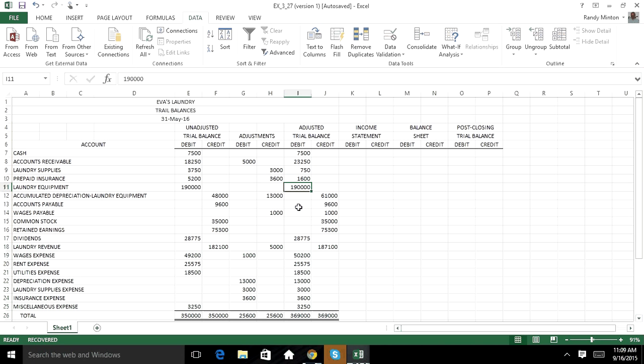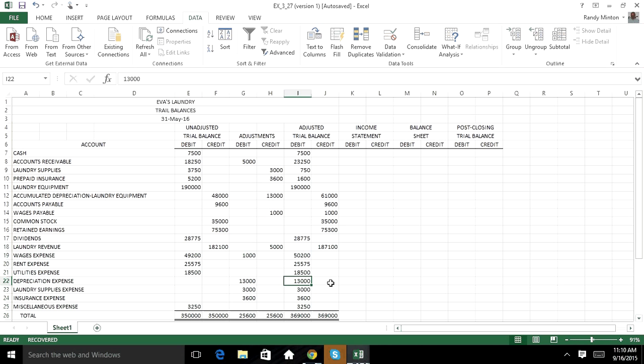That's a no-no. So we do not do that. So what I had to do was make an entry off to the side, basically, to take it back into laundry equipment and credit it to the accumulated depreciation side to make that number work correctly. And if you notice down here, we had nothing over here, but we had 13,000 over here.